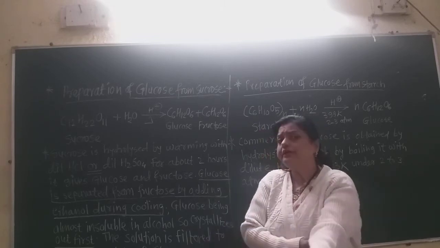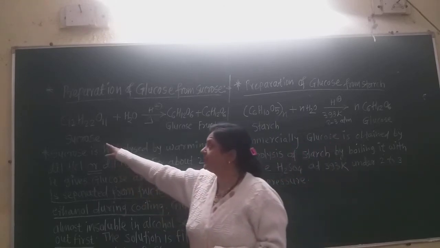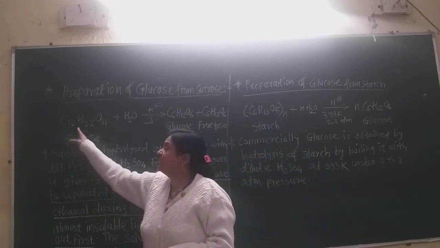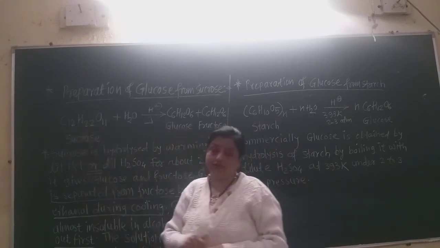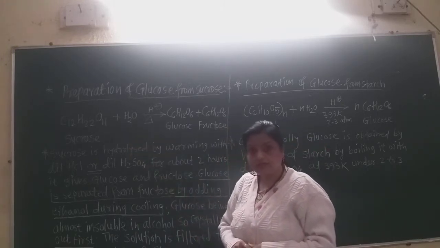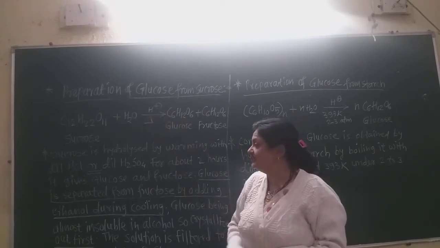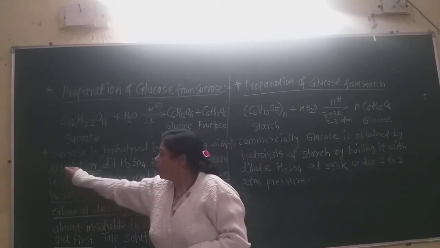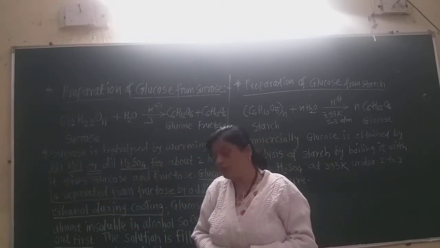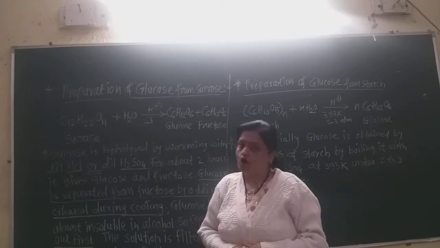Now in the laboratory, how is glucose prepared? Sucrose, the cane sugar, has the molecular formula C12H22O11. If we do the hydrolysis of this sucrose in the presence of dilute hydrochloric acid, HCl, or dilute sulfuric acid, H2SO4, hydrolysis means addition of water molecule.